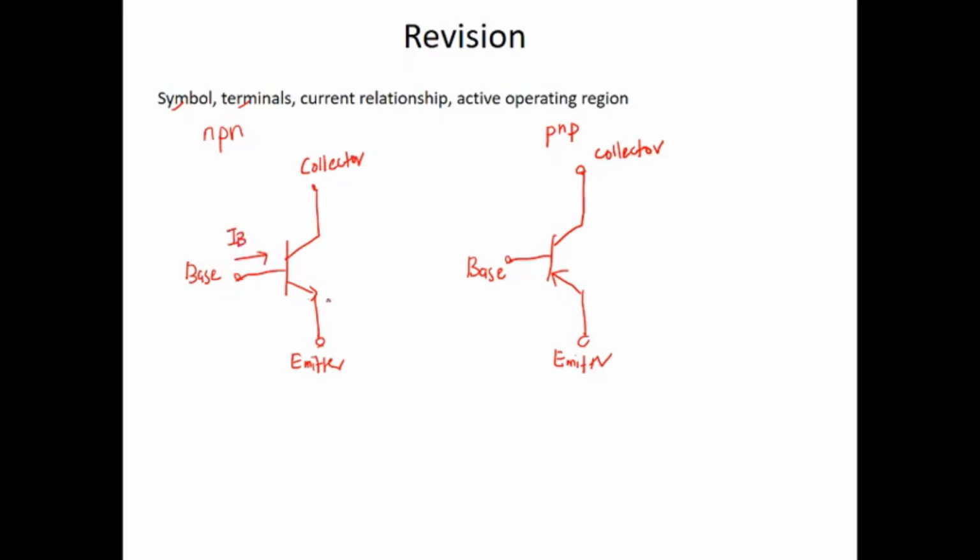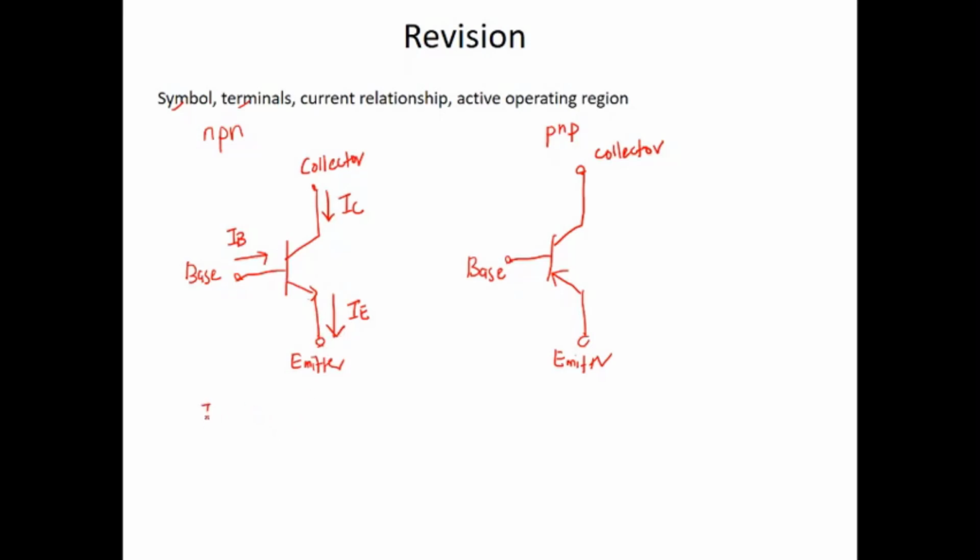The emitter follows the arrow direction, downwards, this is IE. The collector current points in, this is IC. So IB and IC point into the BJT, while the emitter current exits the BJT.